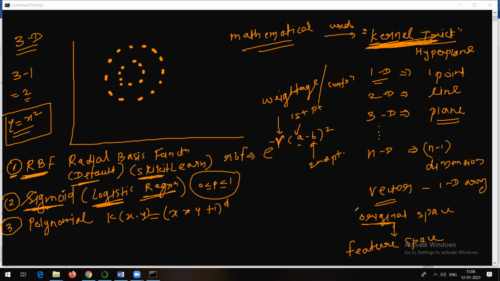It means suppose originally my data was in three dimensions, right? And now as output I am getting my data in maybe two dimensions. So I will again repeat the definition of kernel trick. It can be a function that takes vectors in the original space as the input and returns the dot product of the vectors in feature space. This is nothing but the kernel function or kernel trick. Is it clear, Sharon?